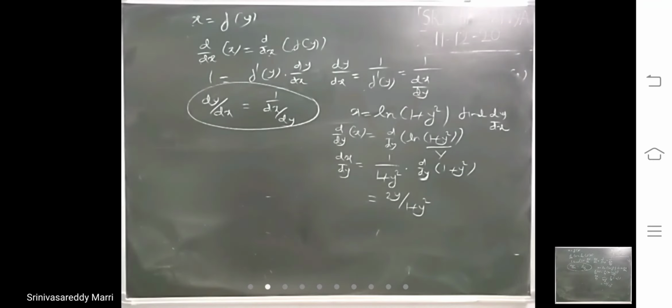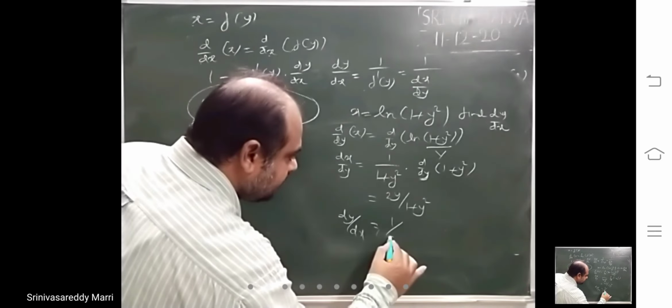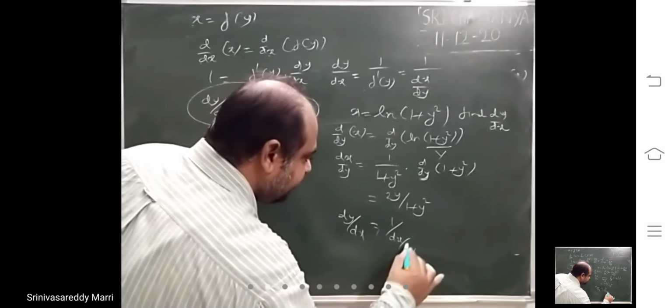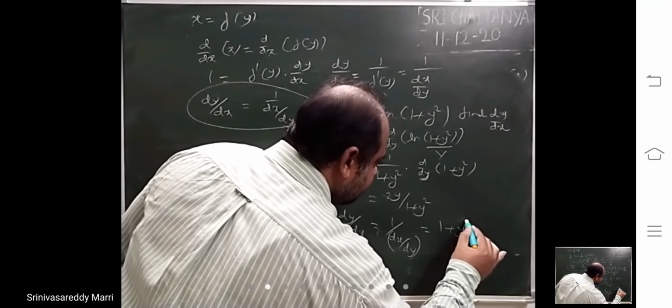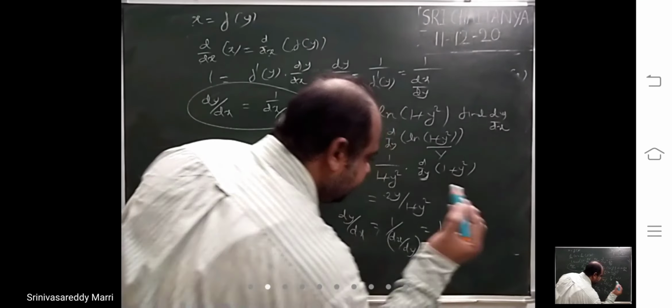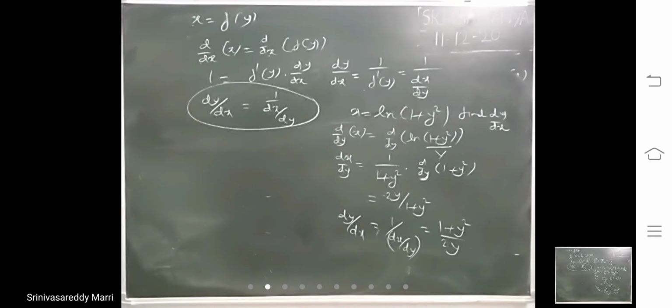Now I got dx by dy easily, and dy by dx is nothing but 1 by dx by dy, the reciprocal: 1 plus y square divided by 2y. If x is a function of y given, calculating dx by dy will be easy.